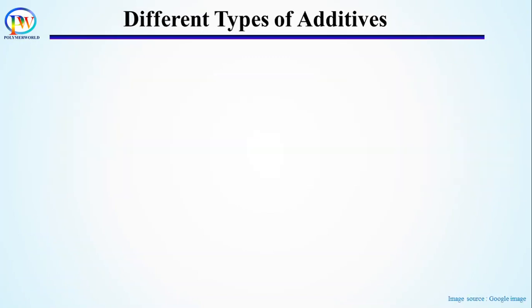Now let's discuss the different additives and their functions in plastic materials. There are several steps in which polymers are converted into different products. Those steps can be represented by two basic steps. In the first step, polymers are mixed with an additive package. Additive package is the name of the mixture of different additives which are added to plastic to achieve desired performance.